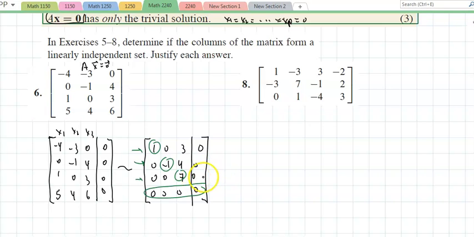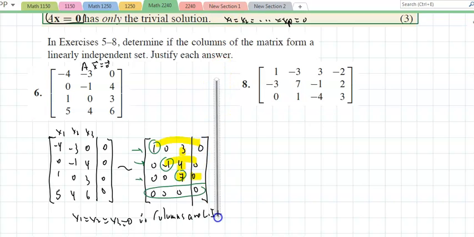What's the solution? Isn't the only solution here that x1 equals x2 equals x3, and that is 0? Therefore, the columns, and the columns stand for the vectors, are linearly independent. Again, if I set 7 times x3 equals 0, I'll get x3 equals 0. Plug it in, that makes this a 0. Plug it in, that makes that equal 0.